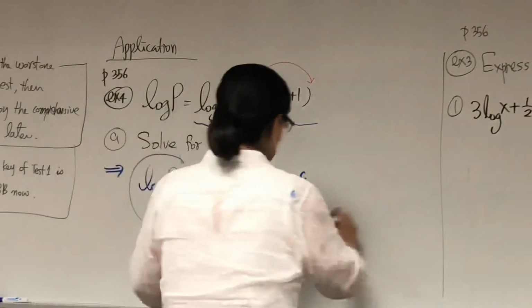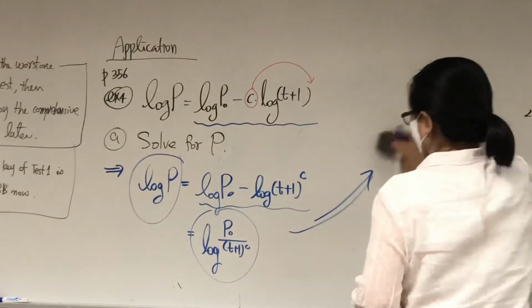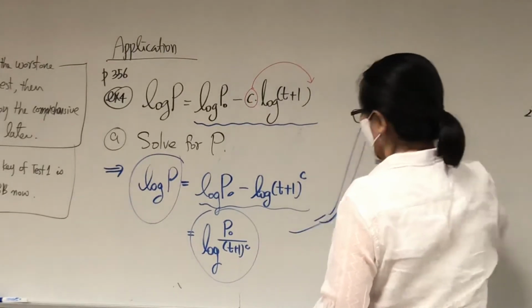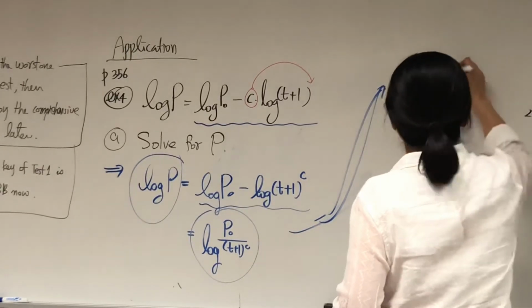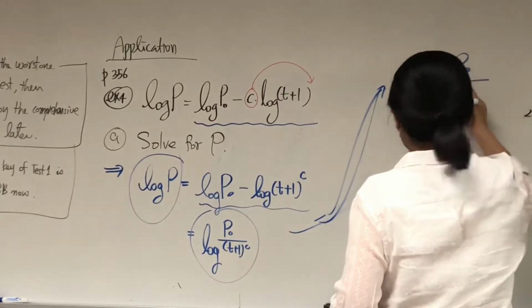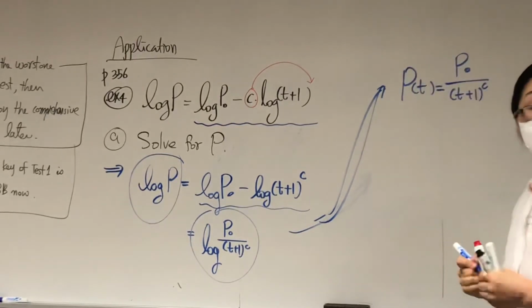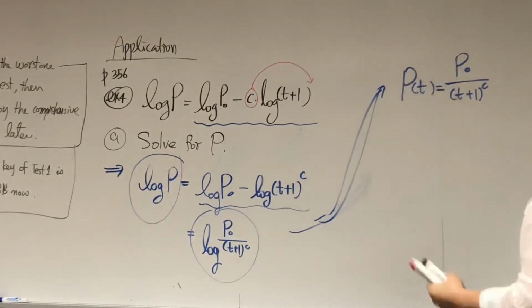Same base 10, so what? You can say P is equal to P0 over (t + 1) to the C. Now you're done.